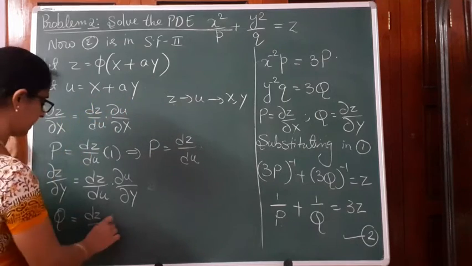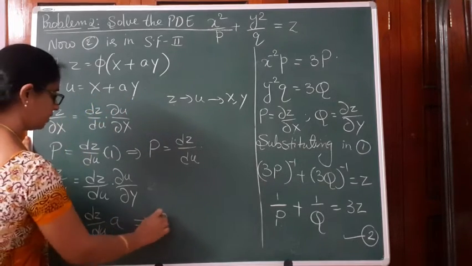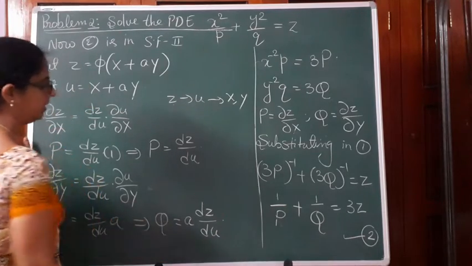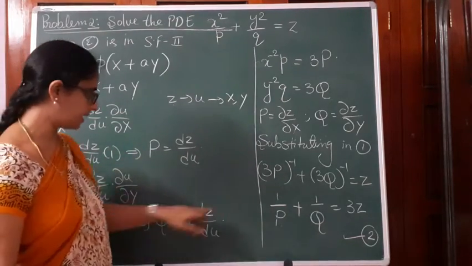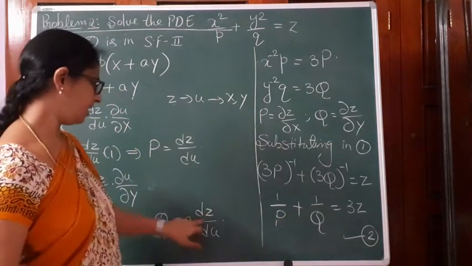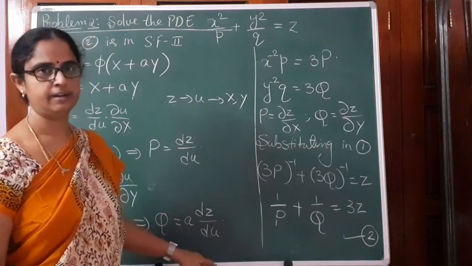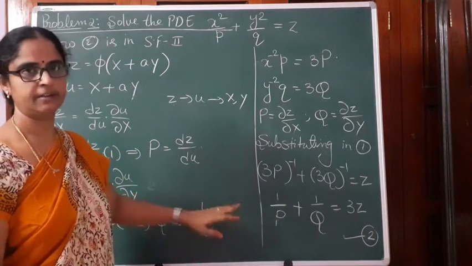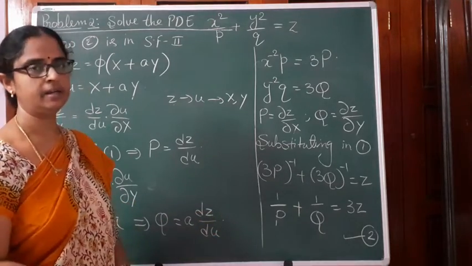Dou u by dou Y is a. Therefore, Q is equal to a into dz by du. Now we are going to substitute capital P and capital Q in equation 2 so that it reduces into an ordinary differential equation. From that we find dz by du, and by separating the variables we integrate to find the solution.